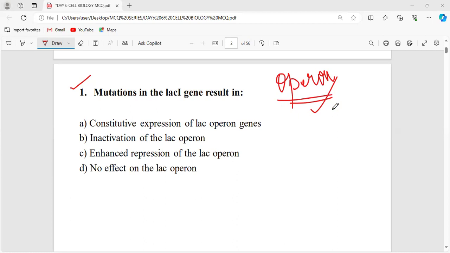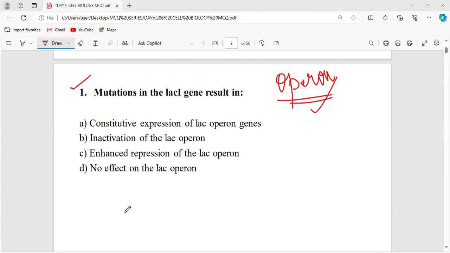Okay, coming back to the lac operon, operons generally happen only in prokaryotic organisms, and there are different types of operons. We are going to study majorly the lac operon and the tryptophan operon. Just tell me which operon is considered a go operon and which operon is considered a stop operon.